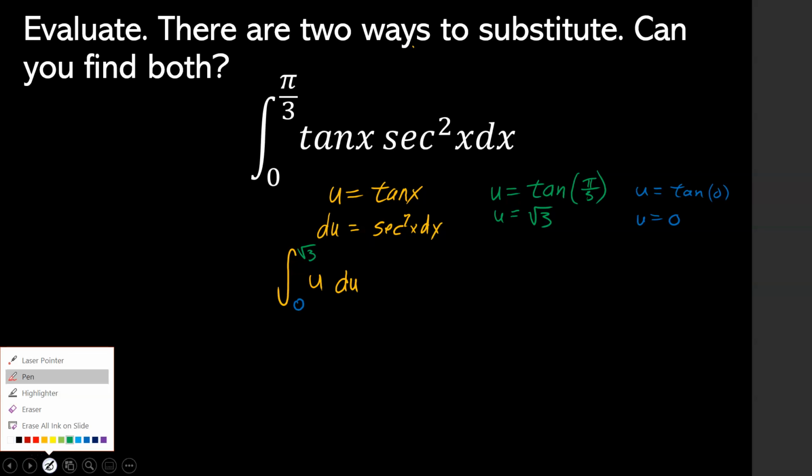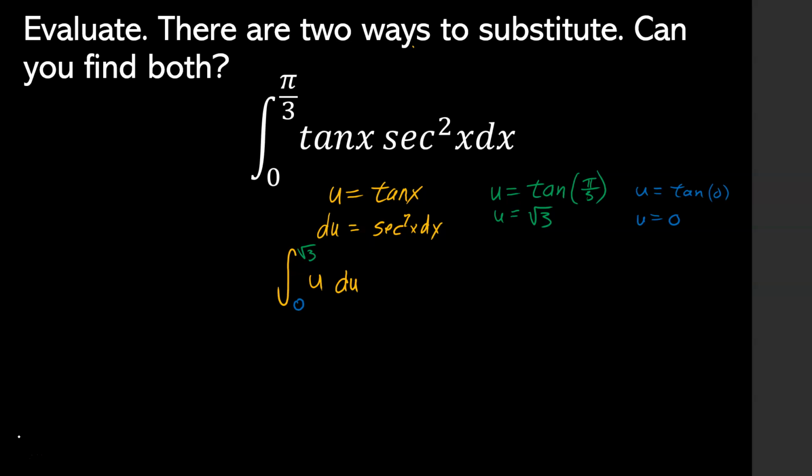And so, bonus time, or I don't know what you want to call that, we don't have to change back to tangent of x when we're done because 0 and root 3 are already used. What's the antiderivative of u with respect to u? 1/2 u squared, and we're going to evaluate from u equals 0 to u equals the square root of 3. 1/2 the square root of 3 squared minus 1/2 the square root of 0 squared is 3/2.